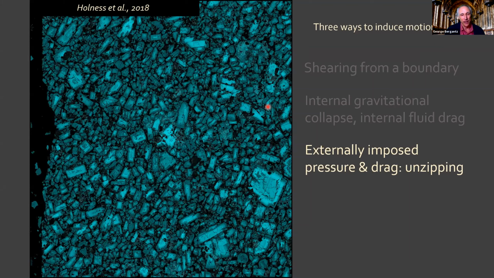It requires a perturbation on a scale that shearing from a boundary or an internal process just doesn't seem capable of producing. But these are the kinds of questions we can address with modeling, hopefully.